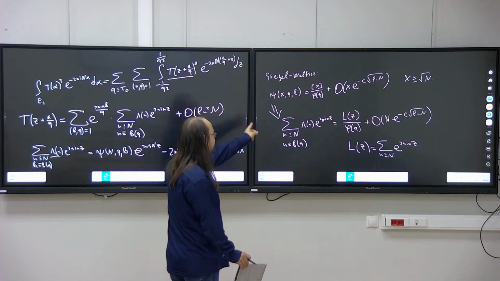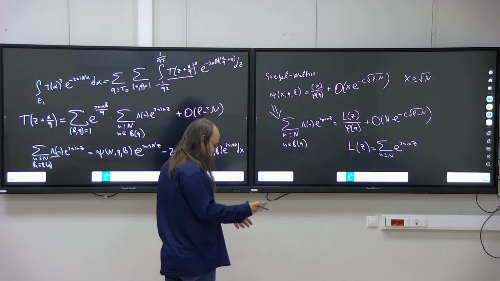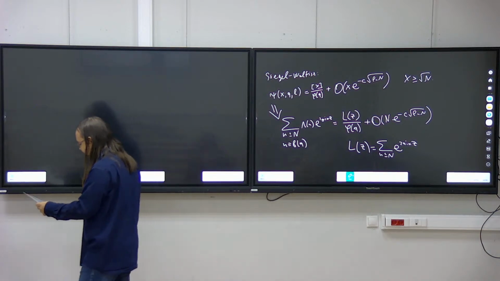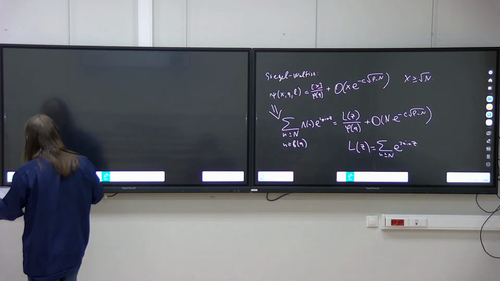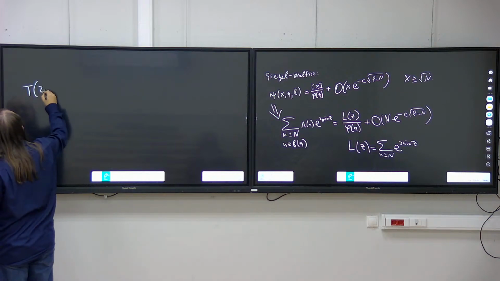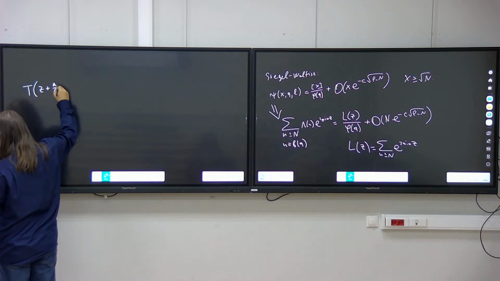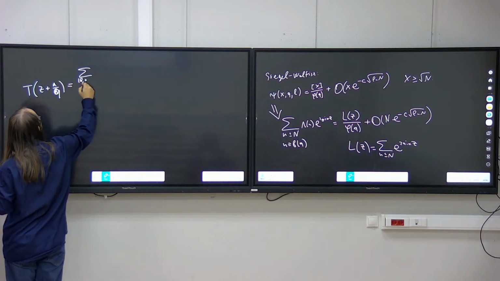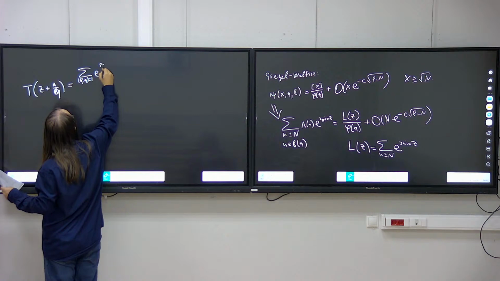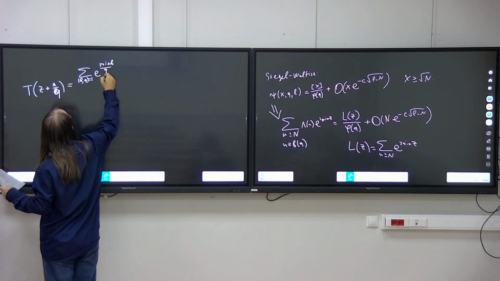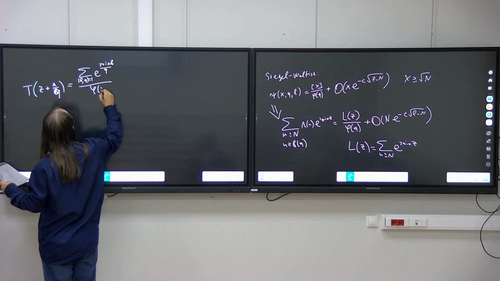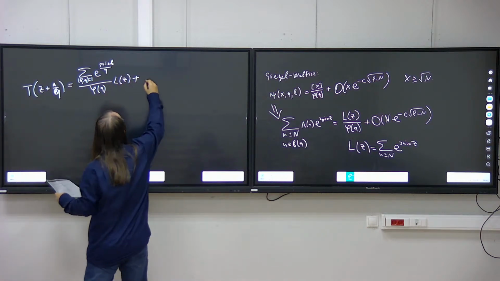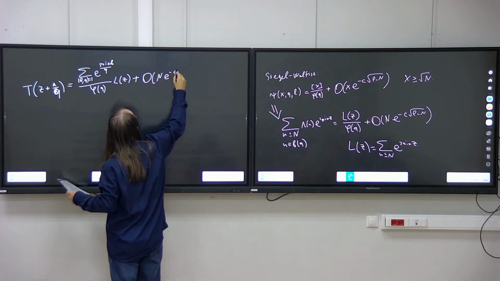Then we substitute this formula back here, and so what you get is the following. You get T of z plus a over q is equal to the sum over all b coprime to q of e to the power 2 pi i ab over q divided by phi of q, multiplied by L of z, plus the error term.